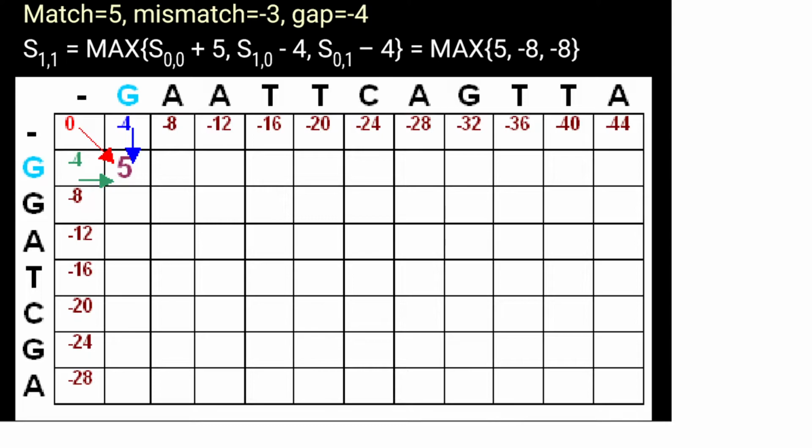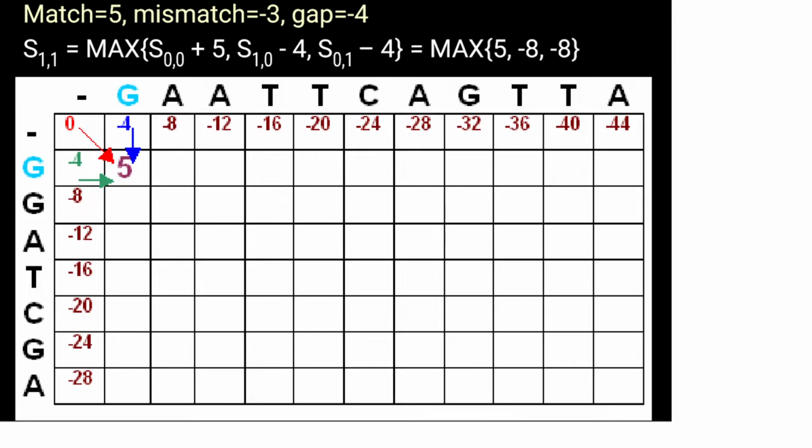See, in the one by one cell we have three scores. Score from the diagonal, that is 0 plus 5, and score from the top cell, -4, that is -8. The score from the left cell, -4, that is -8.